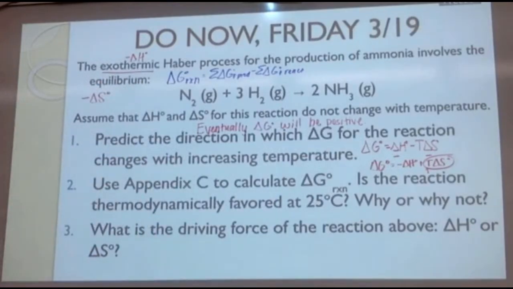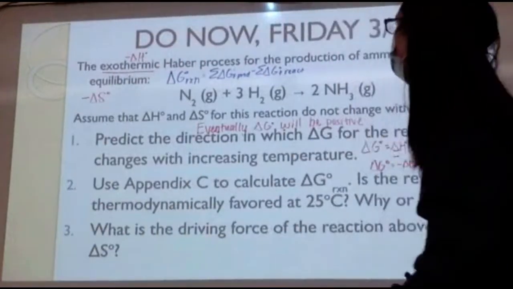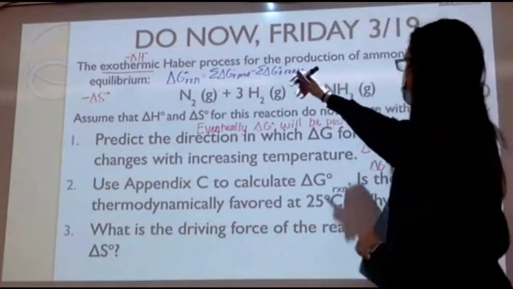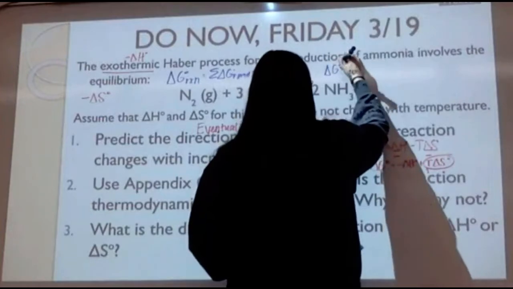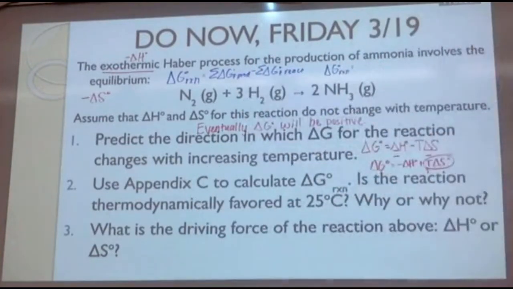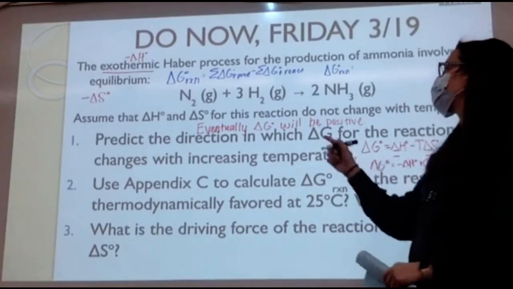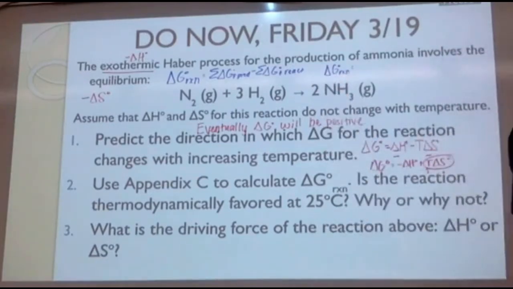So if we take a look at Appendix C, we're solving for delta G of reaction. Products, ammonia. NH3 will be under nitrogen. So if we flip to nitrogen in Appendix C, make sure you're looking at delta G of formation.